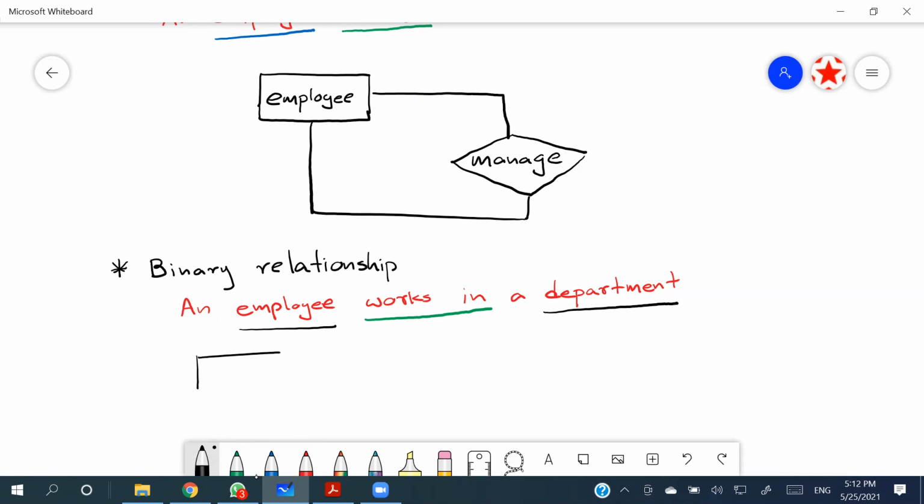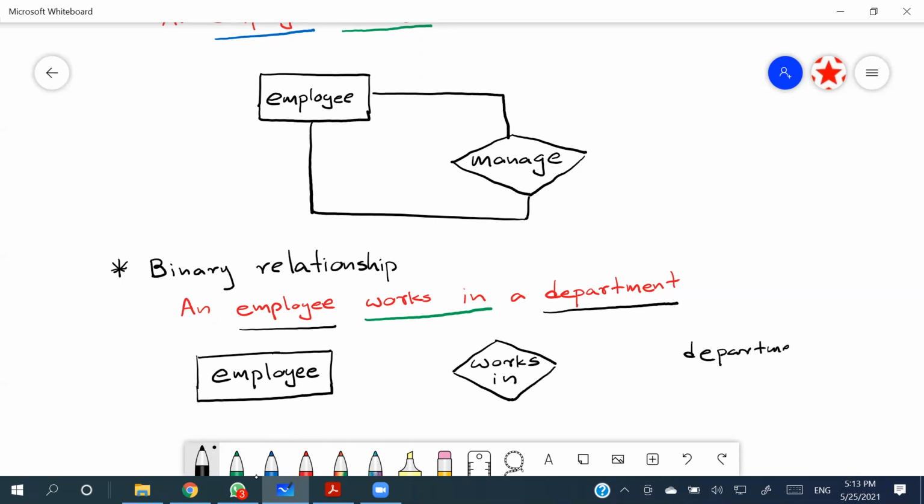So employee on one side, works in is the relationship, and department is the other entity. It connects like this. Employee works in department.